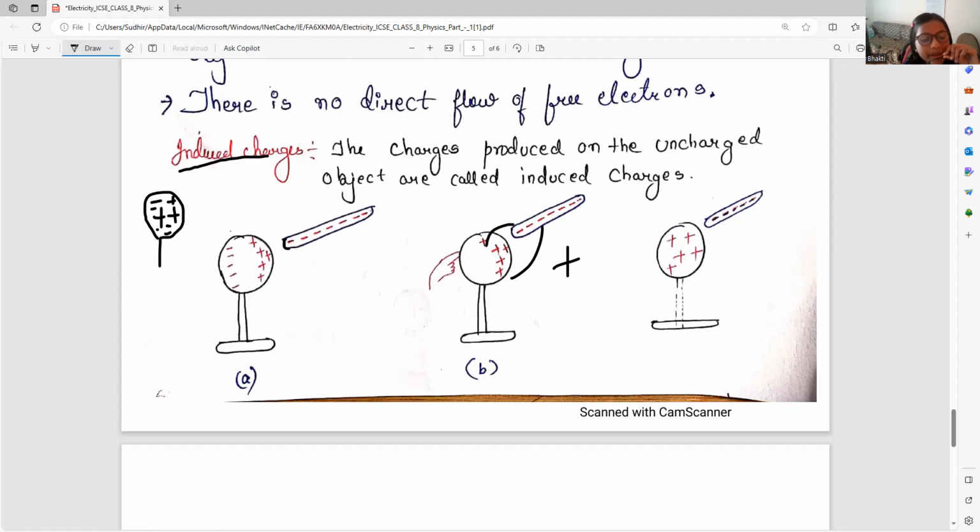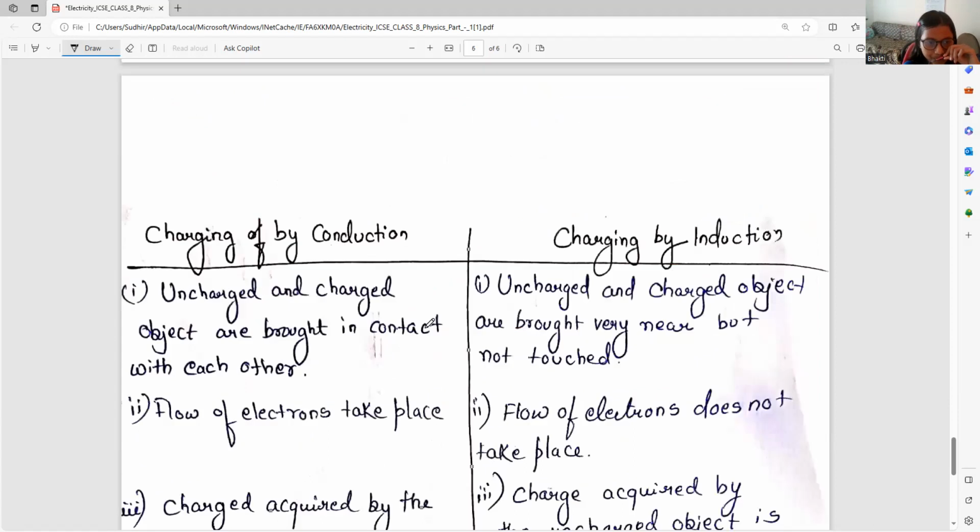When the comb, which has negative charges, is taken nearer to pieces of paper, it will attract the positive charges of the paper. So this happens with electrostatic force. It is only about charges.